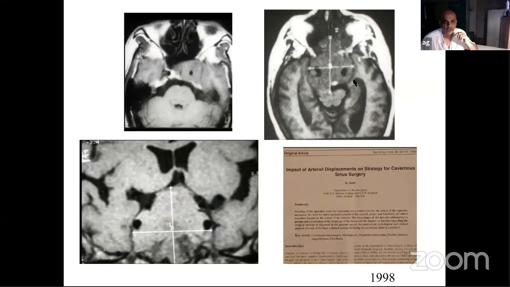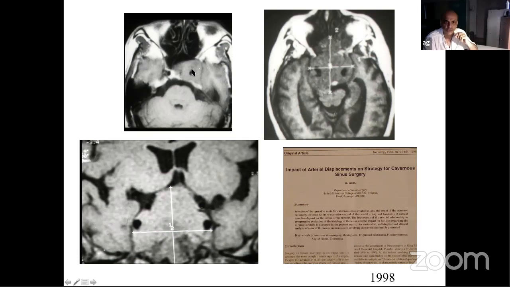So this was my article on how tumors respect the dura, and how the arterial relationship of the tumor will determine which tumor this is. In this article we mentioned that on the basis of the relationship of the tumor, you can identify its histological nature. When the tumor encases the cavernous sinus carotid artery and does not squeeze it, it is a different tumor.